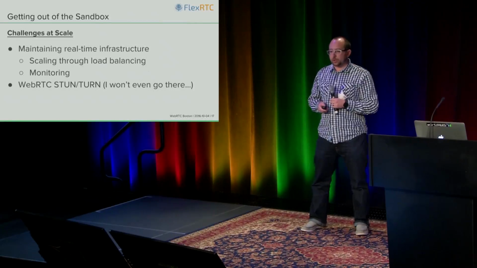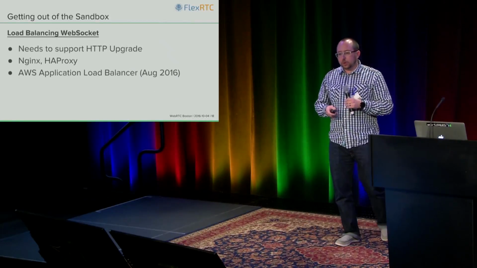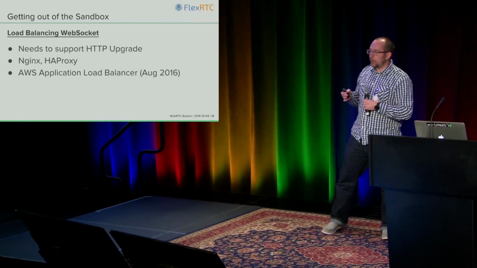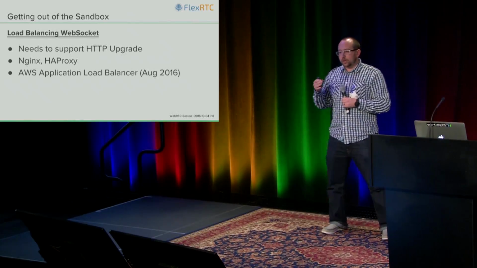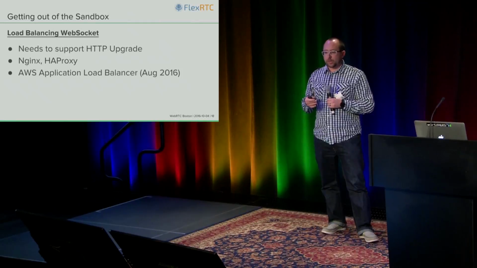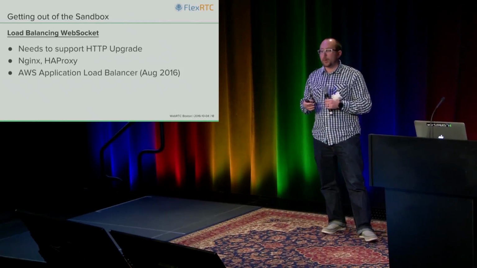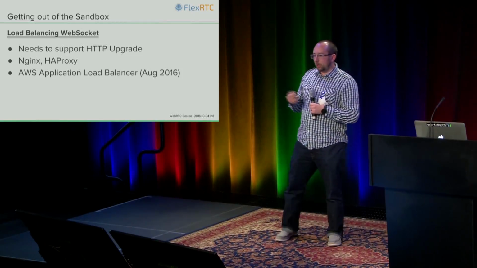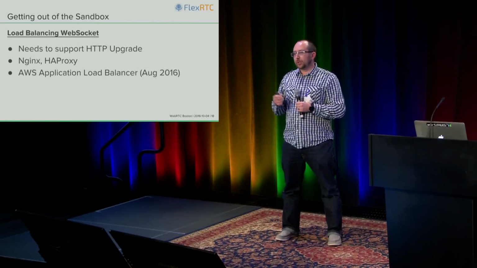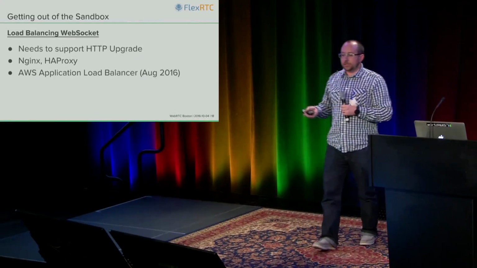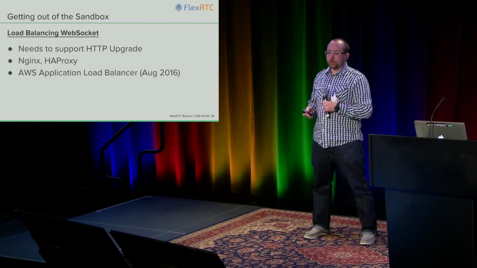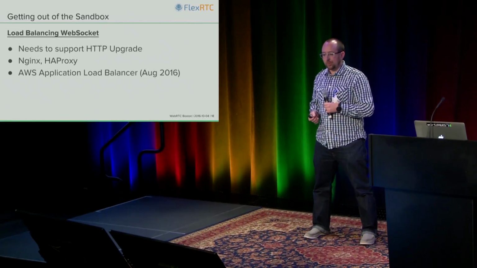In terms of load balancing WebSockets, you can't just use a standard load balancer because the load balancer needs to support the HTTP upgrade request. There are load balancers that do support it, but you need to configure it specifically to be able to support that. Nginx and HAProxy both do that very well. I typically use Nginx.